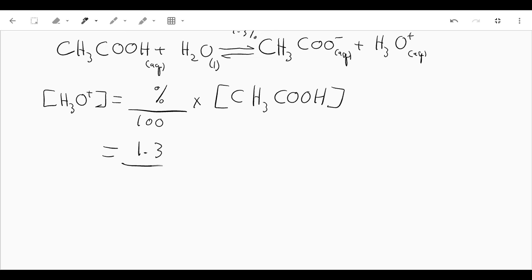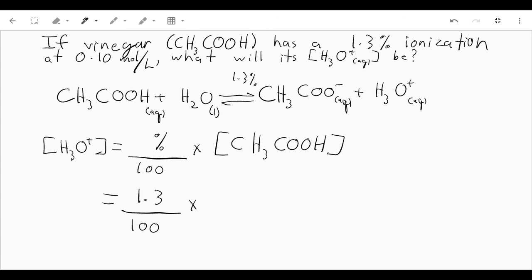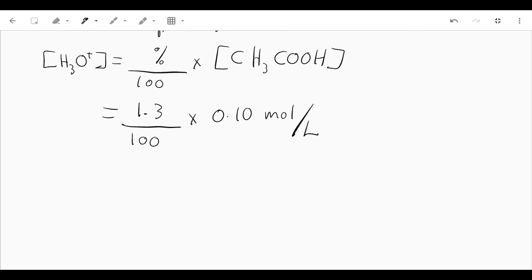We have 1.3 out of 100 times 1/10 of a mole per liter. And that will give us 1.3 times 10 to the negative 3 moles per liter. So we could predict it will have a pH of about 3.